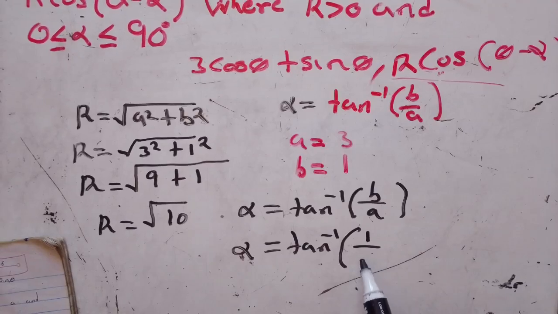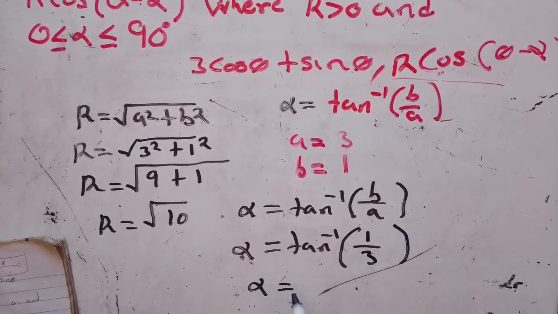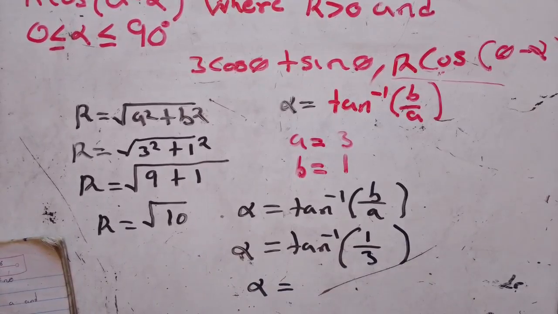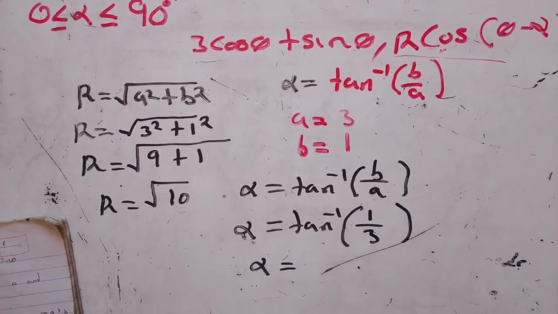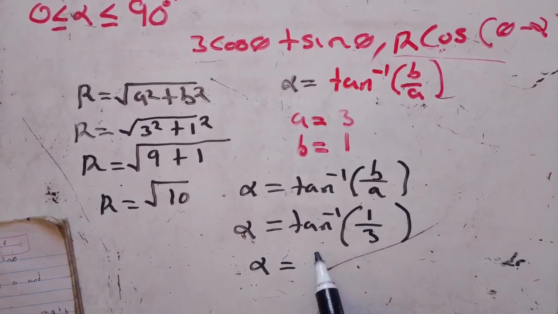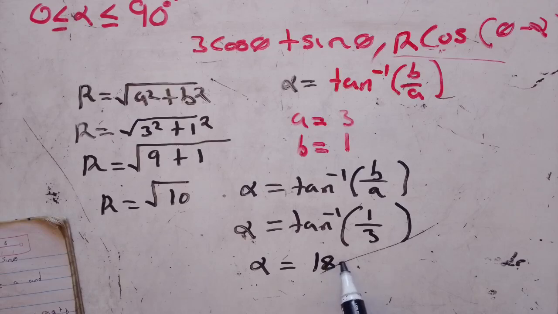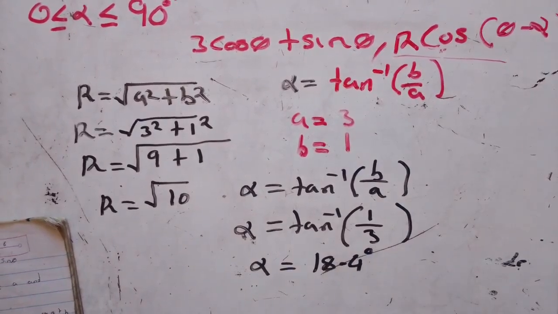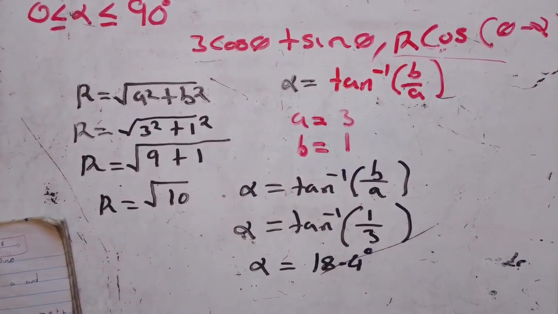That's what we found. So acute is equal to tan inverse of 1 over 3, which gives you 18.4 degrees. So this is the value of the acute angle.